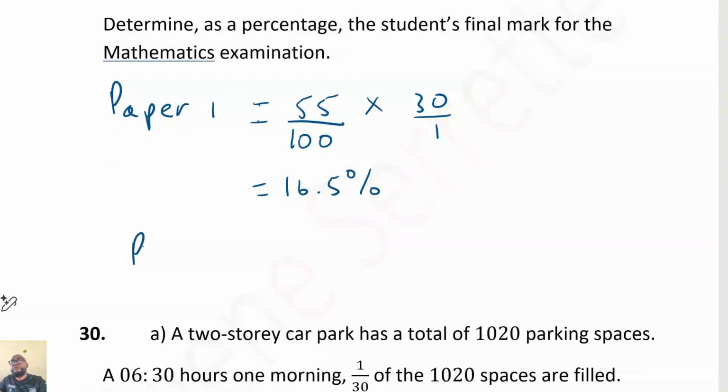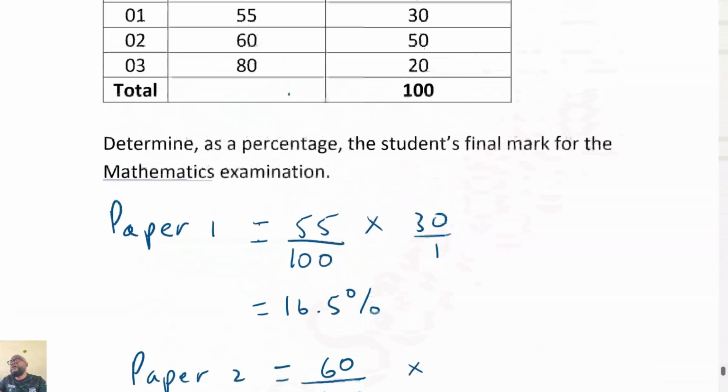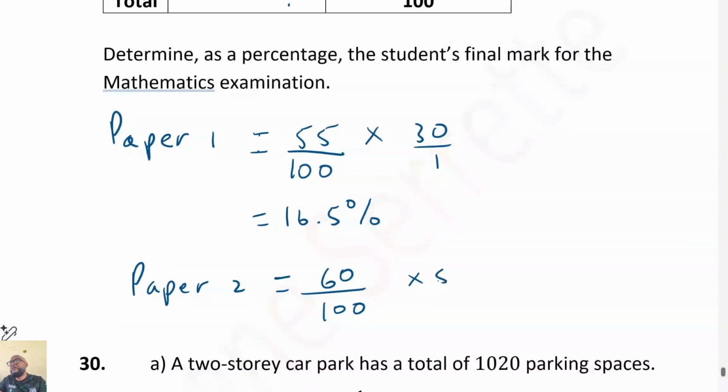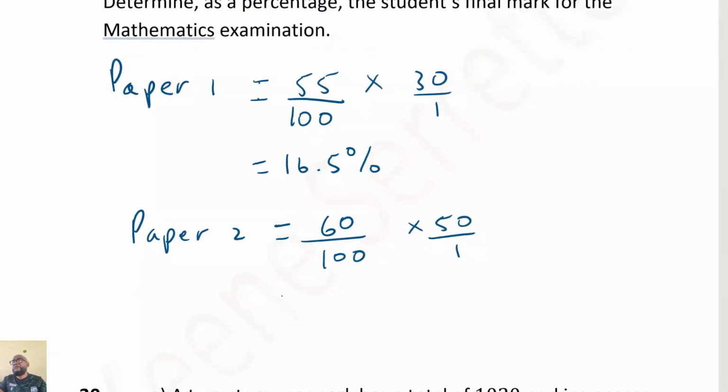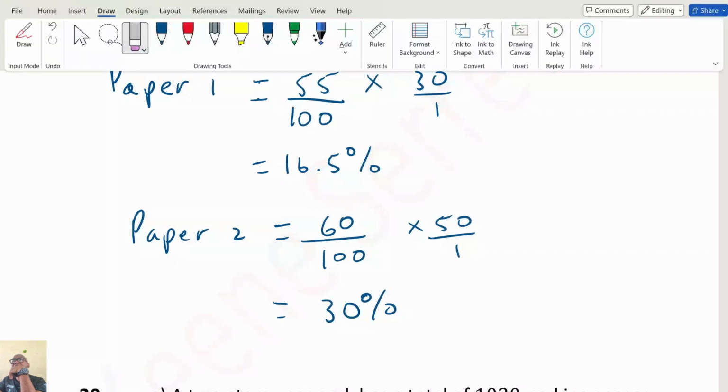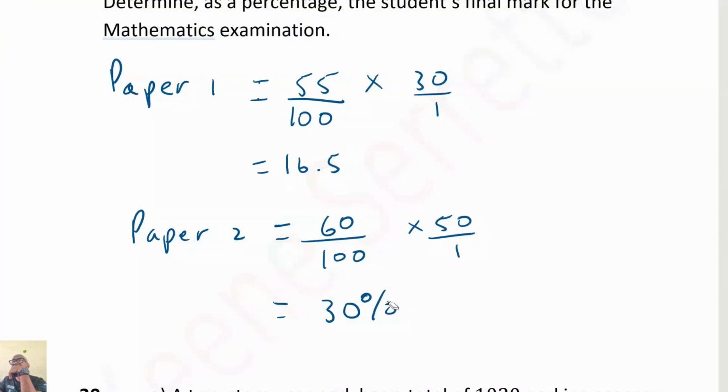Paper 2: 60 over 100 multiplied by how much was the max mark? 50. Ooh, this question is nice. 30, right. How much? 30? No, this is not percent, these are marks. These are not percents, these are the marks.